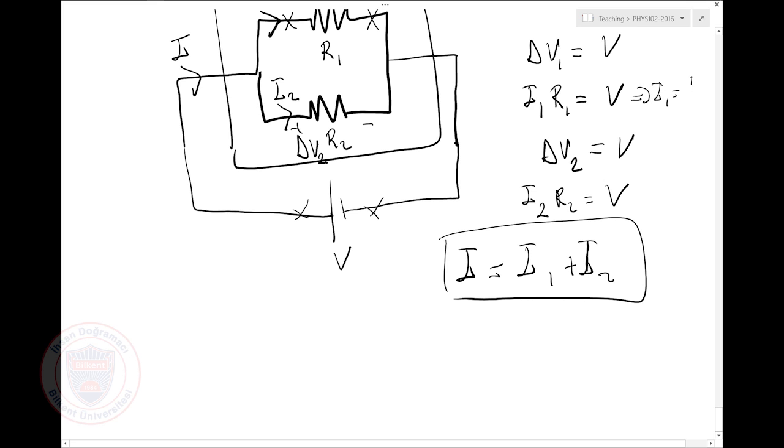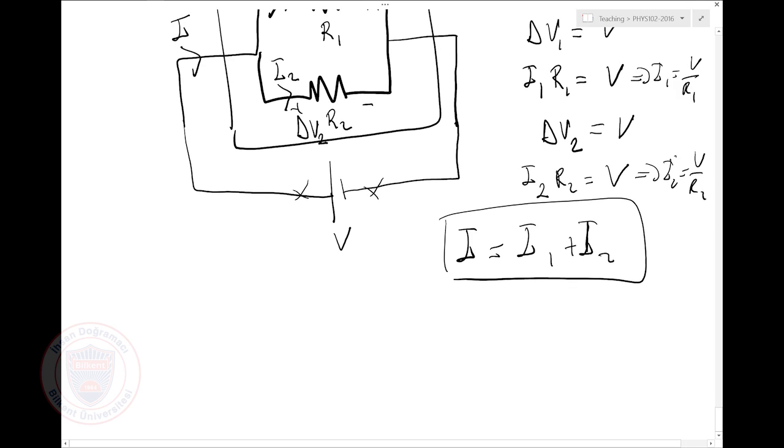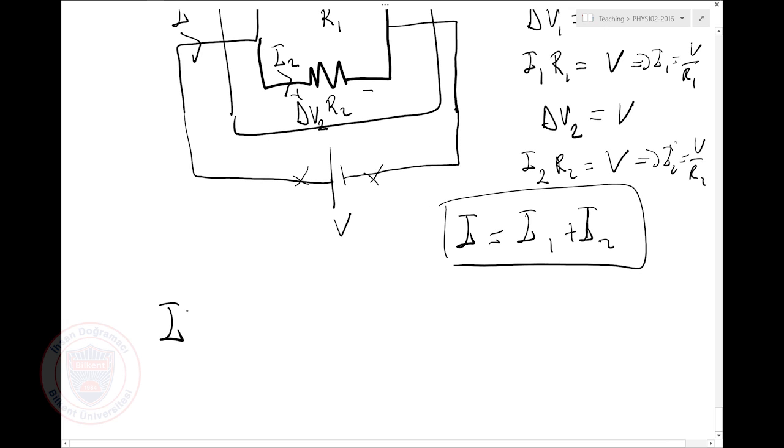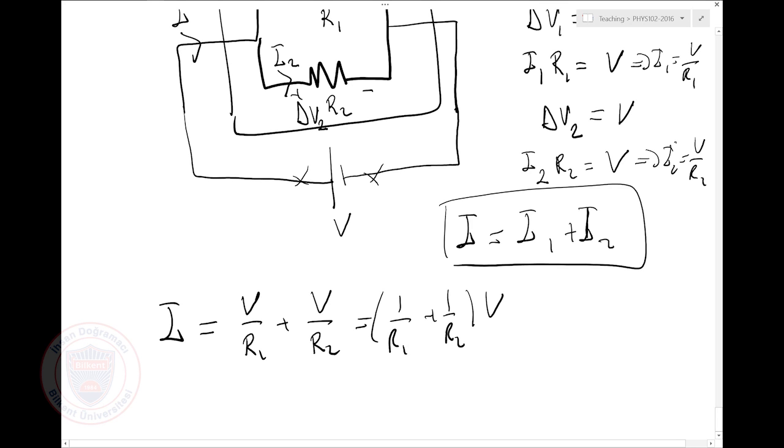I1 is V over R1, and I2 is V over R2. Now, the total current I is V over R1 plus V over R2. So 1 over R1 plus 1 over R2 times V.